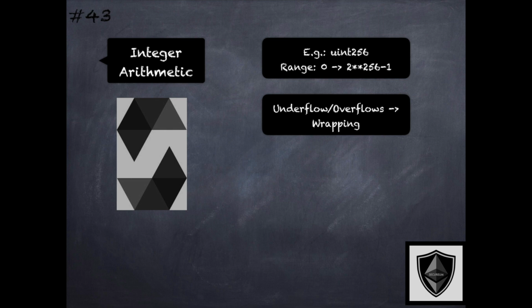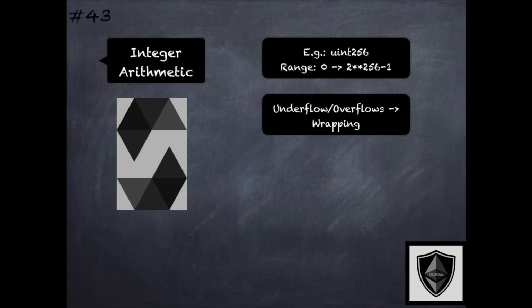And this really causes wrapping. So in the case of uint256, let's say that the value of one of those uint256 variables was the maximum value of that range, which is 2^256 minus 1. And if the contract logic incremented it by 1 more, then that integer value would overflow, it would wrap to the other side of the range and would become 0.